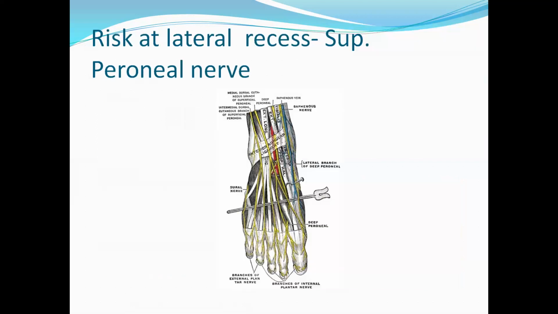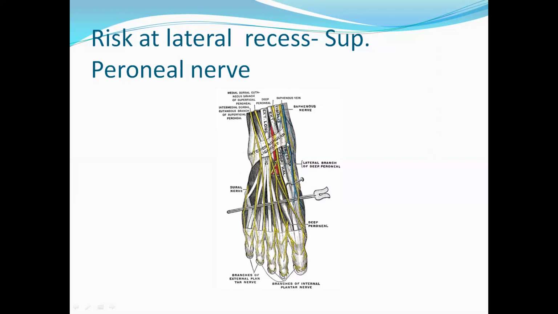If you look here, this is the extensor digitorum longus, and this is the lateral malleolus. Here is the site of injection. But you can see this area is traversed by the superficial peroneal nerve, supplying cutaneous sensation on the dorsum of the foot. That's why this lateral entry is less preferred than the medial entry. Everybody prefers the medial recess.